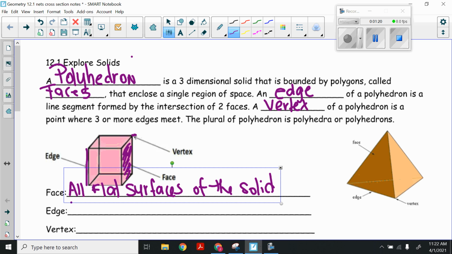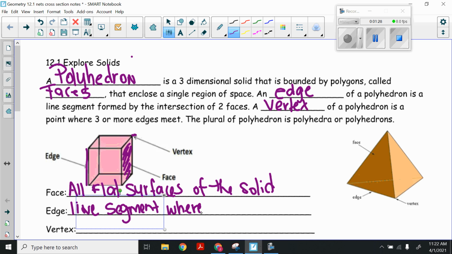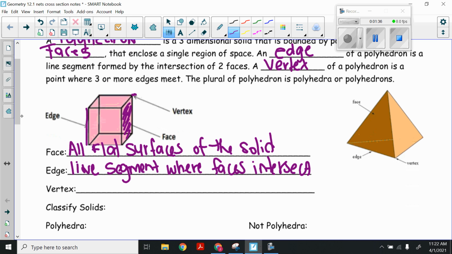The edge is a line segment where the faces intersect. And a vertex is a point where three or more edges intersect.